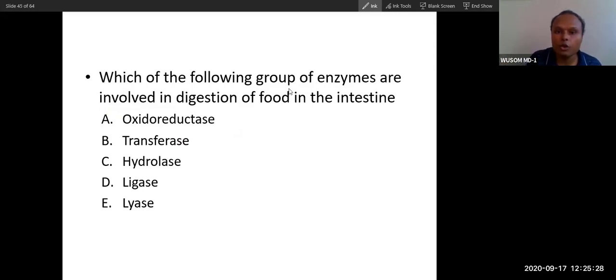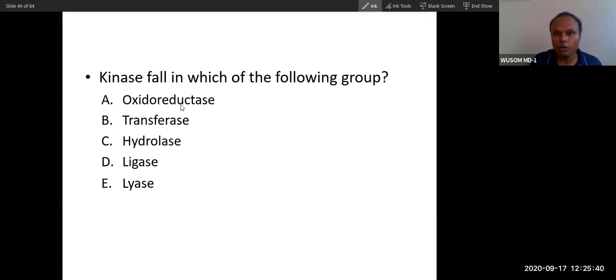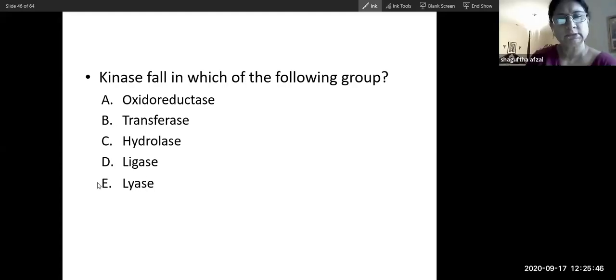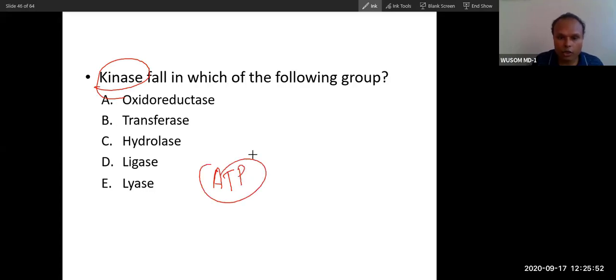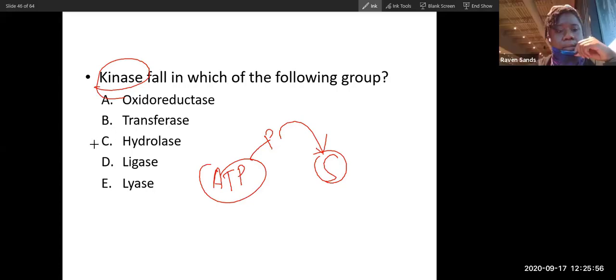Which of the following groups of enzymes are involved in digestion of food in the intestine? Hydrolysis, yes, hydrolase. Kinases fall in which of the following groups? Kinase actually transfers phosphate, so transferase, D. Yes, transferase.